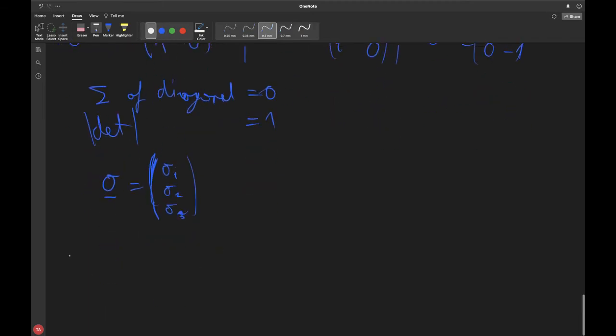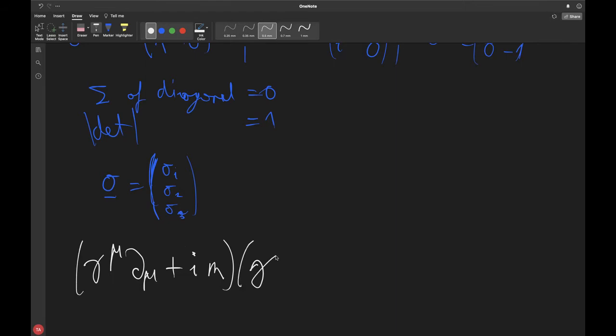So if all of this is true, then we can go back and insert this information that we had: gamma mu del mu plus i, the complex i, times the mass, and multiplied by gamma nu del nu minus im, acting on the psi is 0.